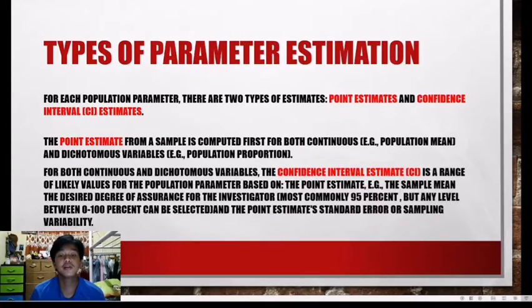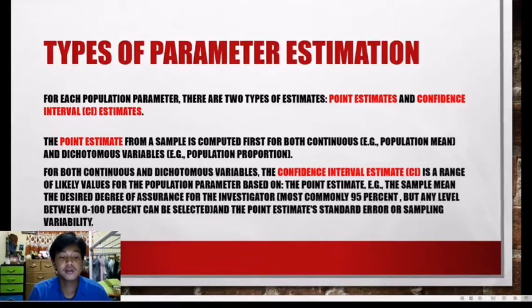Types of parameter estimation. For each population parameter, there are two types of estimates: point estimates and confidence interval estimates, or the CI estimates. The point estimate from a sample is computed first for both continuous variables, like the population mean, and dichotomous variables, or population proportion.